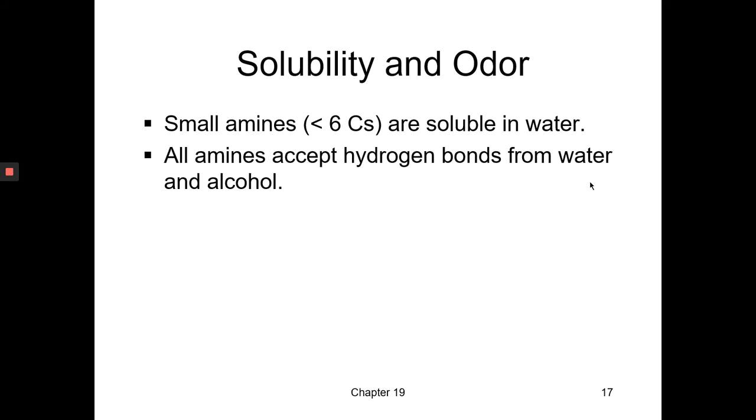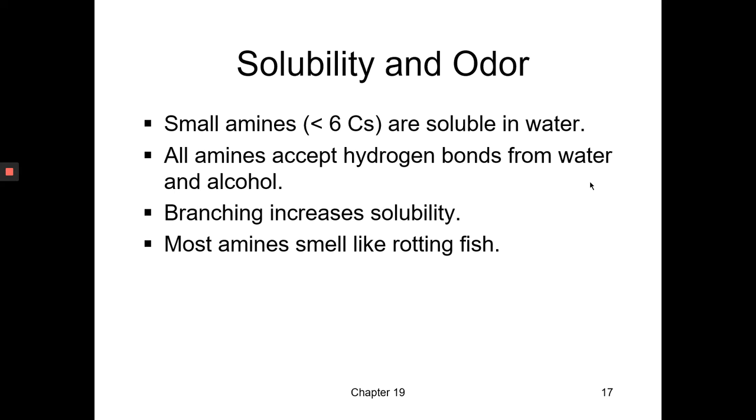All amines accept hydrogen bonds from water and alcohols, whether they're primary, secondary, or tertiary. Branching actually increases the solubility, and most amines will smell like rotting fish.